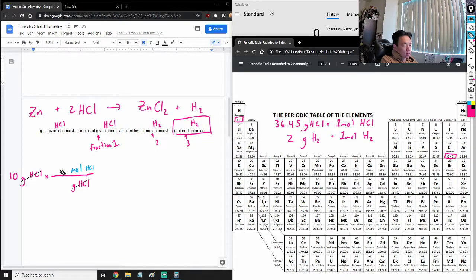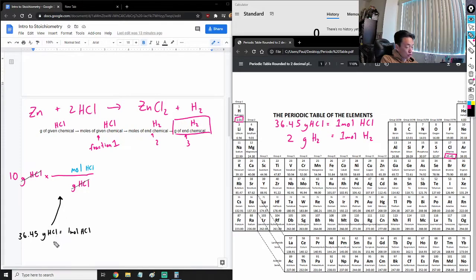And where do we get the numbers for this? We get them from the molar mass right here: grams of HCl equals moles of HCl. So I'm just going to copy this down at the bottom: 36.45 grams of HCl equals 1 mole of HCl. This is where we're going to get our numbers.